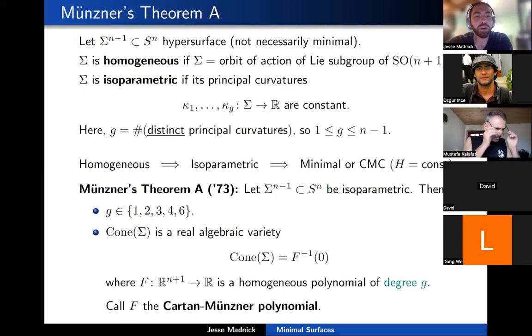Munzner also showed that the cone on sigma is a real algebraic variety. So it's the level set of a homogeneous polynomial, and strikingly, the degree of that polynomial is g. I'm going to let capital F denote this polynomial, and this is nowadays called the Cartan-Munzner polynomial. We'll see some explicit examples. We saw some examples last time, and we'll see another example later in this lecture.